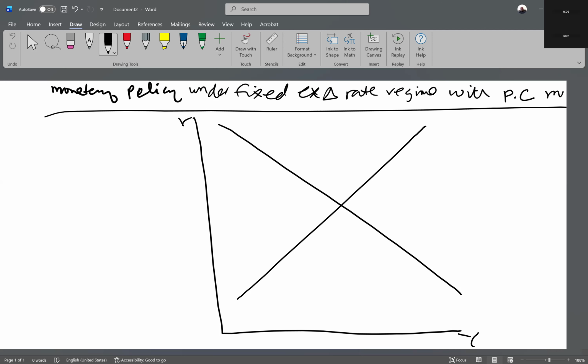So you have a BP curve, BP0, LM0, IS0. So this is our general equilibrium. Call it E0, where we have R0.